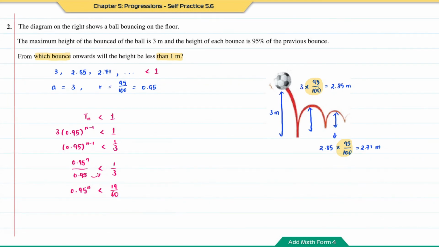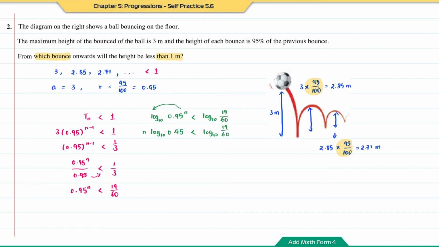To solve for n, on the right hand side, the 19 over 60, we are not able to change it to a number in the base of 0.95 to compare for n. So here we're going to solve this using logarithms. First, on both sides, I'm going to take log base 10. On the left hand side, using the power law, I can move the n to the front. Therefore, n times log base 10 of 0.95 is less than log base 10 of 19 over 60.